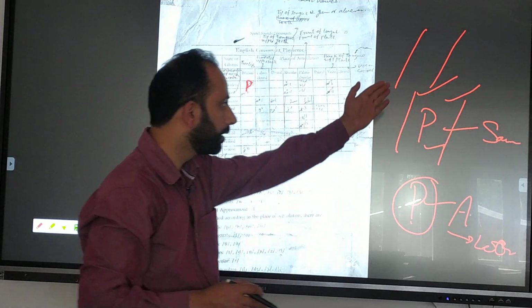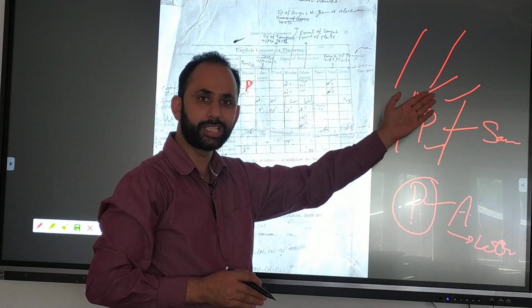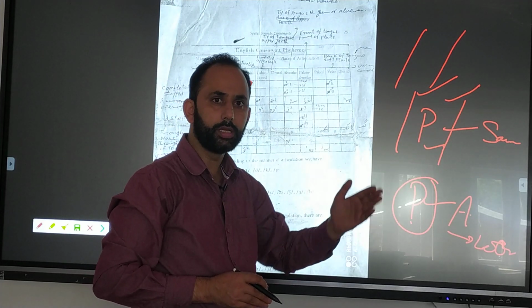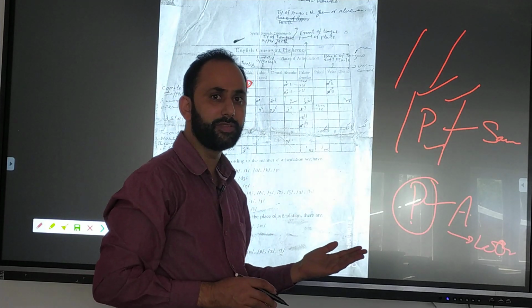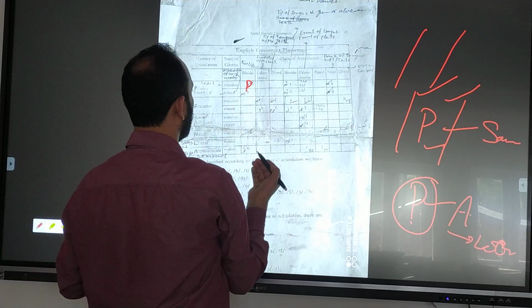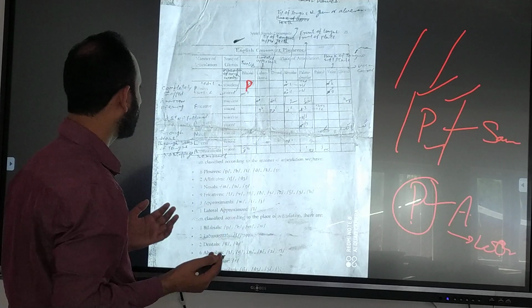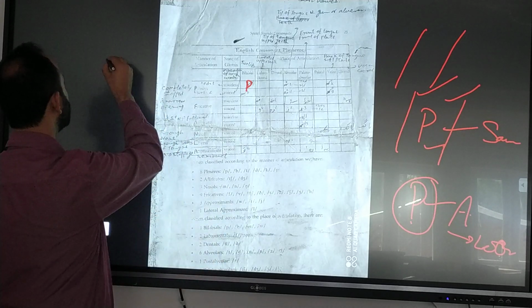There are some sounds whose symbols resemble letters of the alphabet. That is, I will say that on the basis of the manner of articulation, as I told you, plosive.